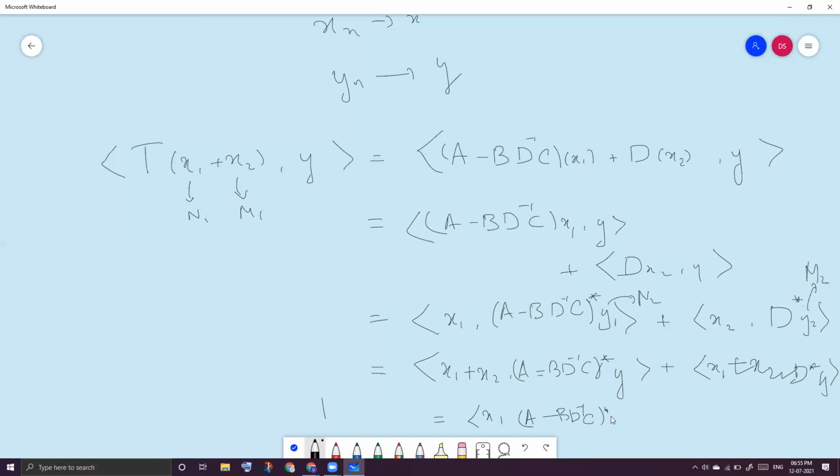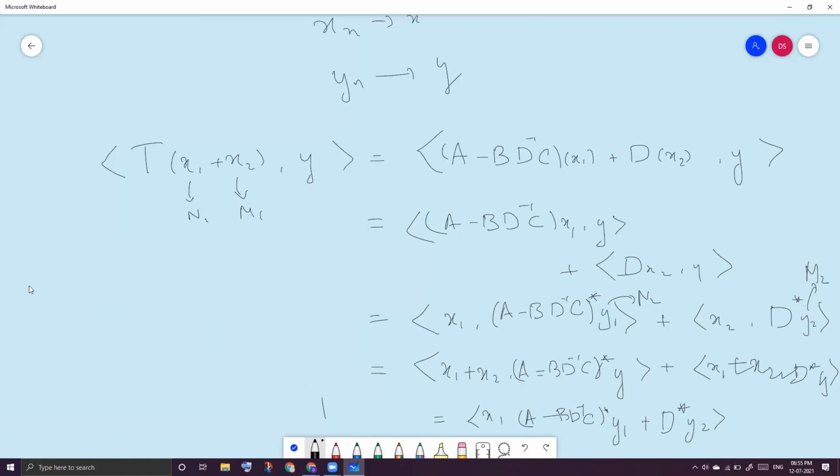So we will have that this is Y1 plus D star Y2. So it is of the form H comma some action of this operator.